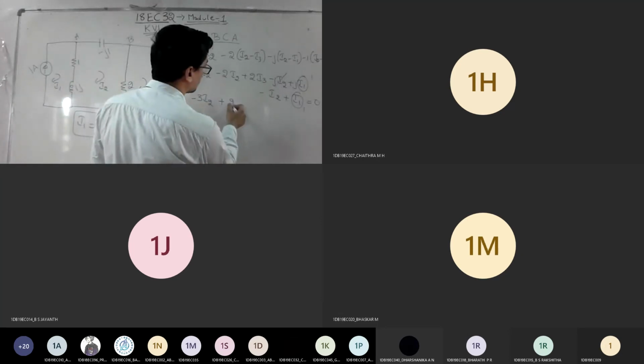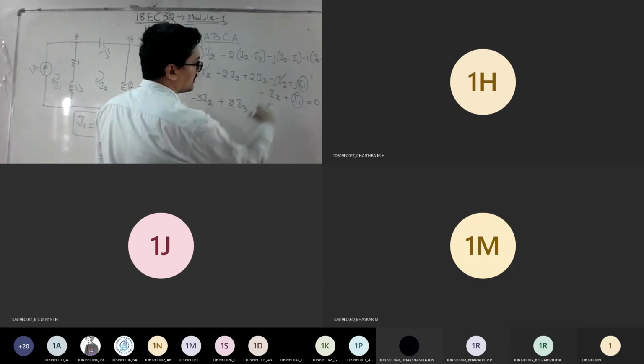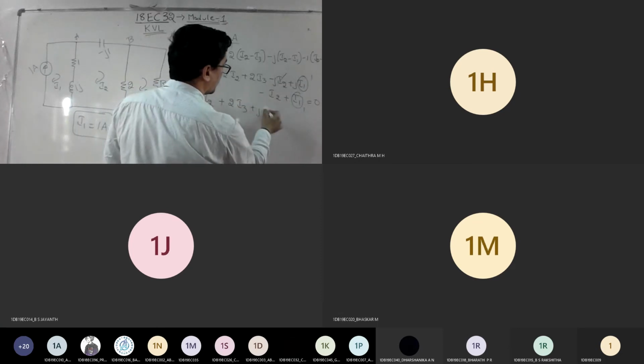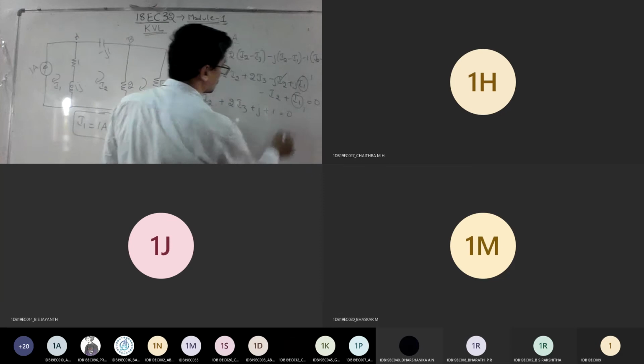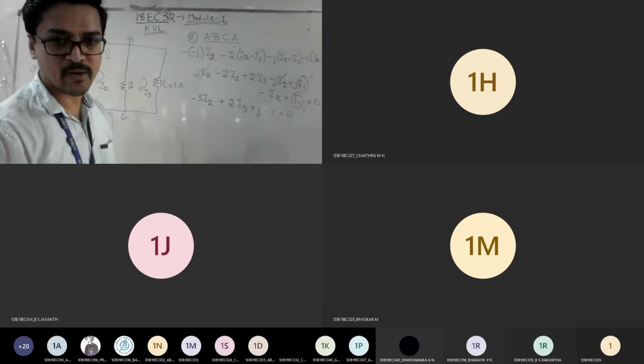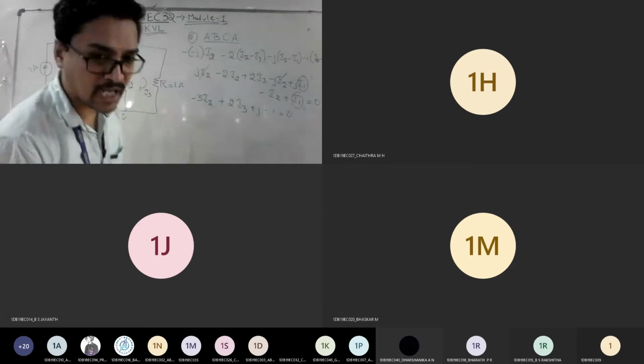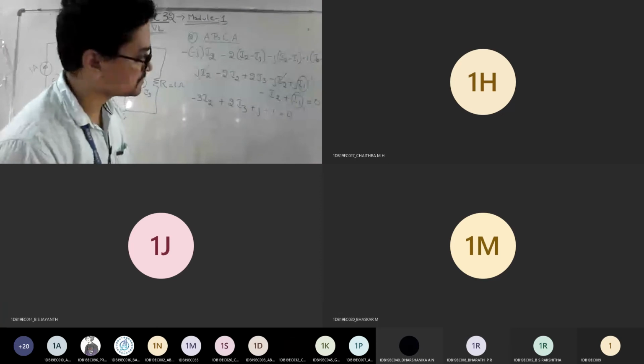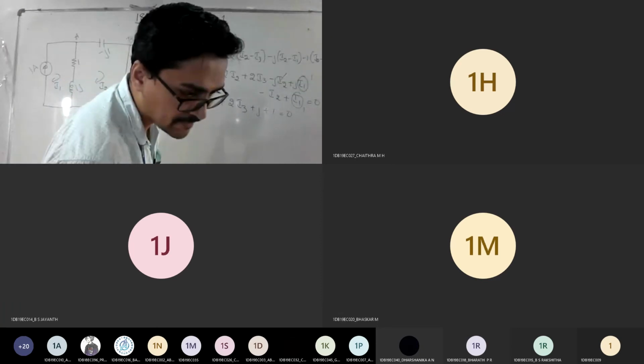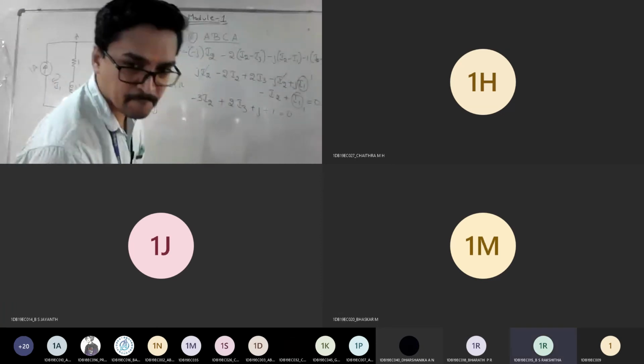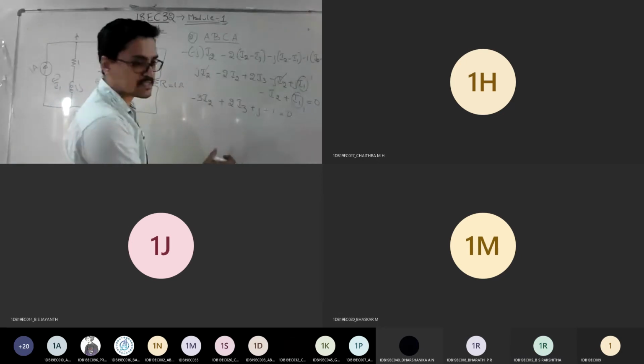Am I clear? Then plus 2 I3. Then you have plus j plus 1 equal to 0. So these are the terms you have. Am I correct till here? Everyone? Yes, sir.